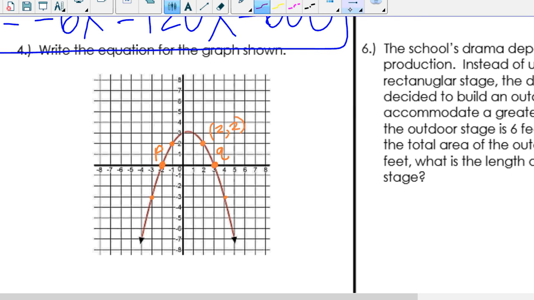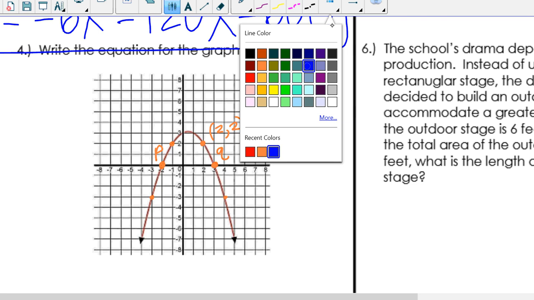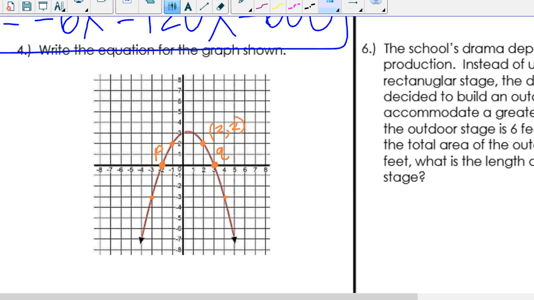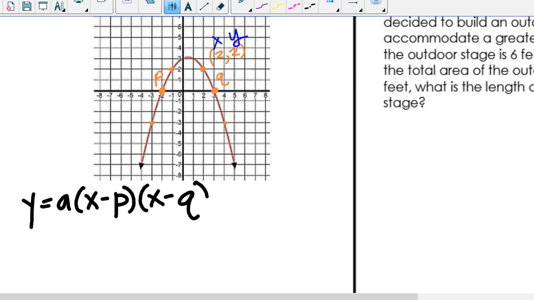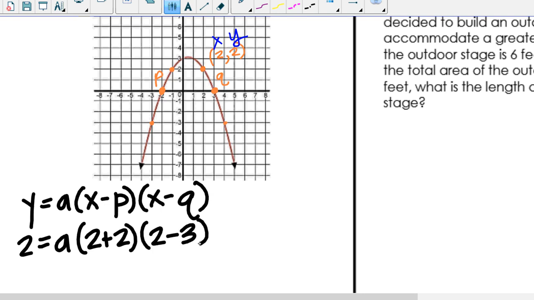So I can now say that I have not only a p and a q, but also an x and a y right here. So I have y equals a times x minus p times x minus q. So my y value is 2. I need my a value. My x value is 2. My p value is -2, so change that. My x value is 2 and my q value is 3.